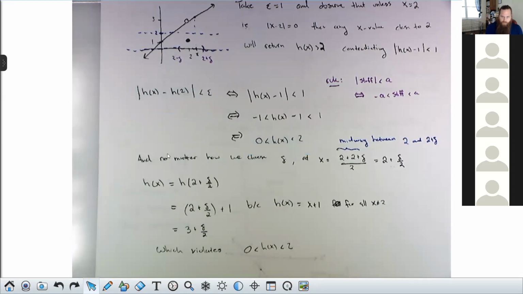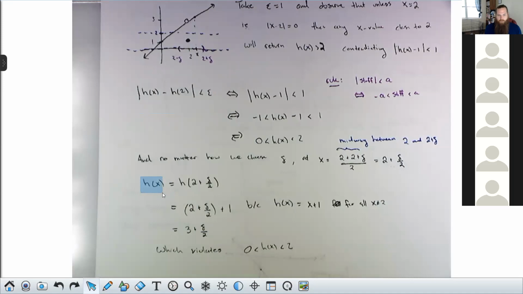Then what I should have is, if x is between 2 and 2 plus delta, then h of x is between 0 and 2. If I take x to be the midpoint between 2 and 2 plus delta, I could have chosen any point in here, but I need to specify one. So I choose the midpoint between 2 and 2 plus delta. That is 2 plus delta over 2.